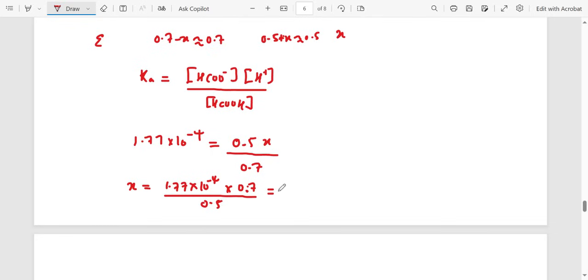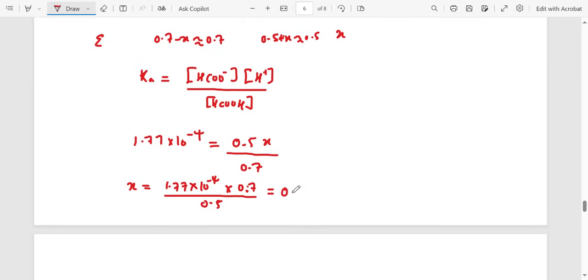So therefore, this is going to give us 1.77 times 10 to the power negative 4 multiplied by 0.7 divided by 0.5.